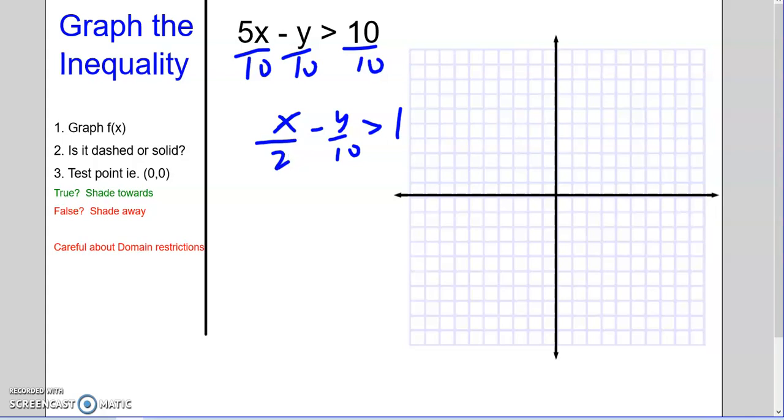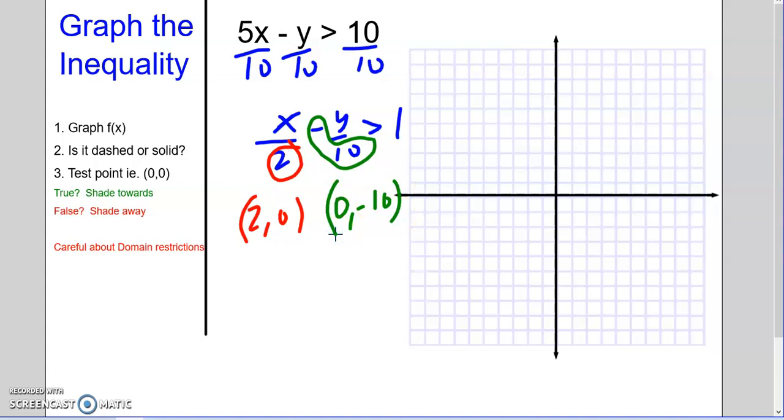And then I can read my x-intercept is 2, 0. And my y-intercept here is 0, -10. So 0, -10 is down there, 2, 0 is over here. And so let's draw in this line.